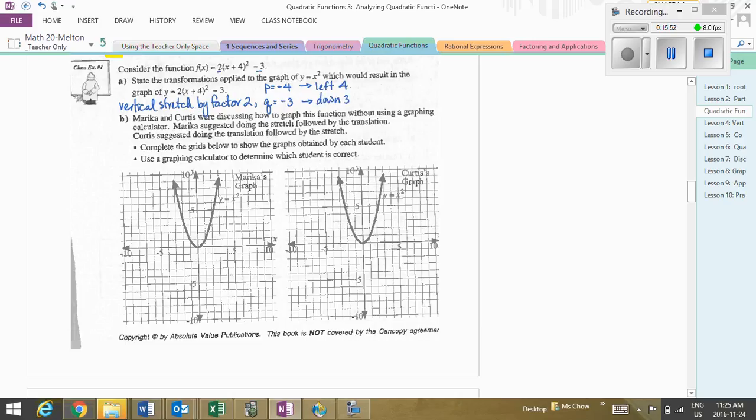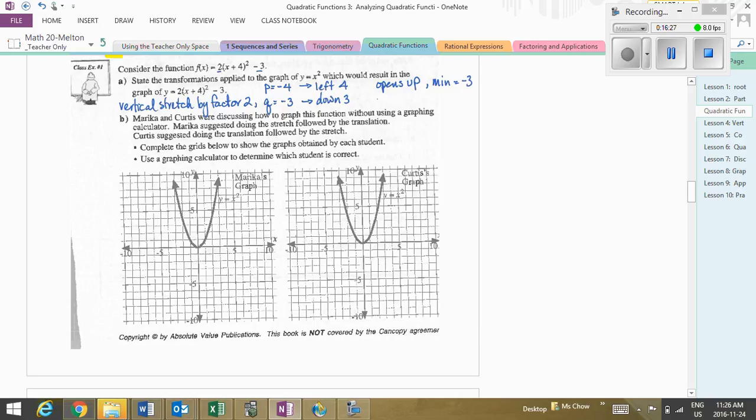Other things that I'd like you to say about this, so certainly if we're just stating transformations, you'd be done at this point, but just little things to think about as well. Since our a value is positive, we know that it opens up. If it's opening up, there is a minimum value, and the minimum value is dictated by our vertical translation. So since it's coming down 3 units, the minimum is -3.